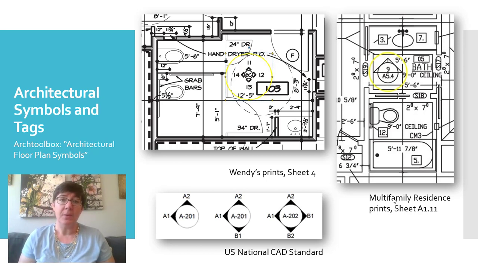So I would like you in your work to use these symbols that I have at the bottom here for interior elevation. This is the US National CAD Standards. It's a circle. It's got the sheet number inside of it. And then you can add 1, 2, 3, or 4 little arrows to point at the different elevations.